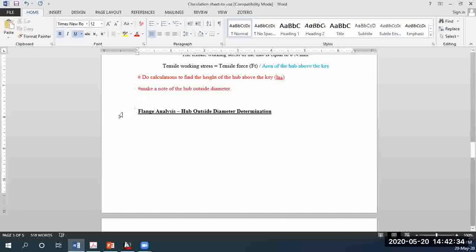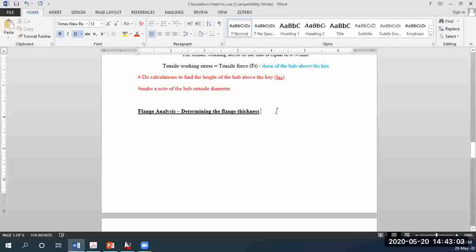In the flange analysis, what you're trying to determine is the flange thickness. I will try my best to end things before 3 p.m.